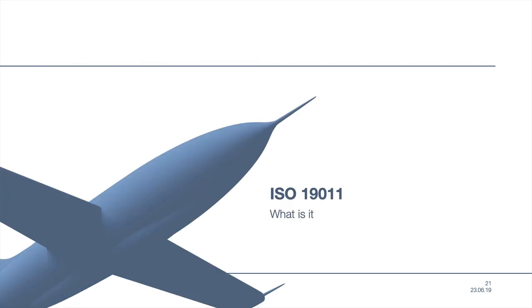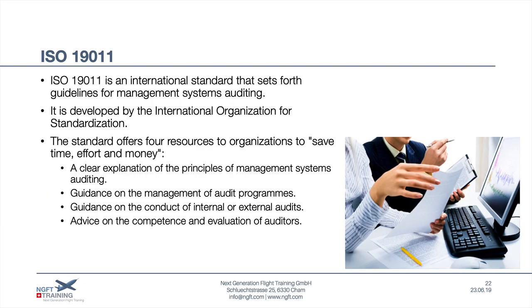We are focusing on ISO 19011 and also on the EASA requirements for a compliance monitoring management system. ISO 19011 is the international standard that guides management system auditing. The standard offers 4 resources to organizations.